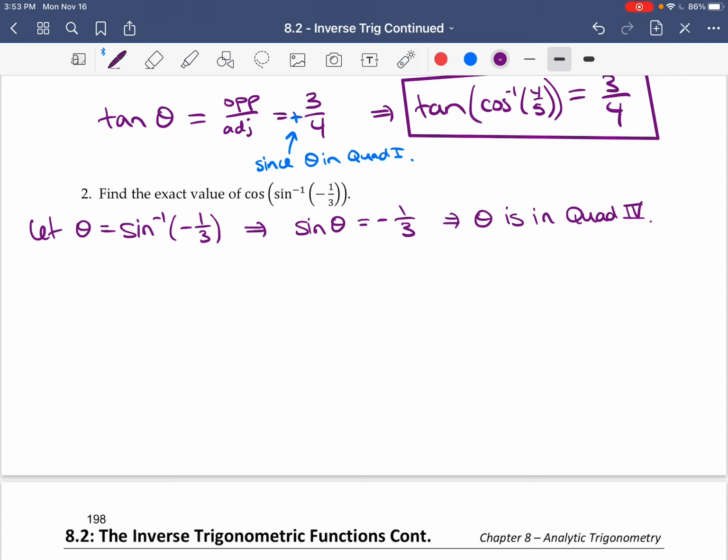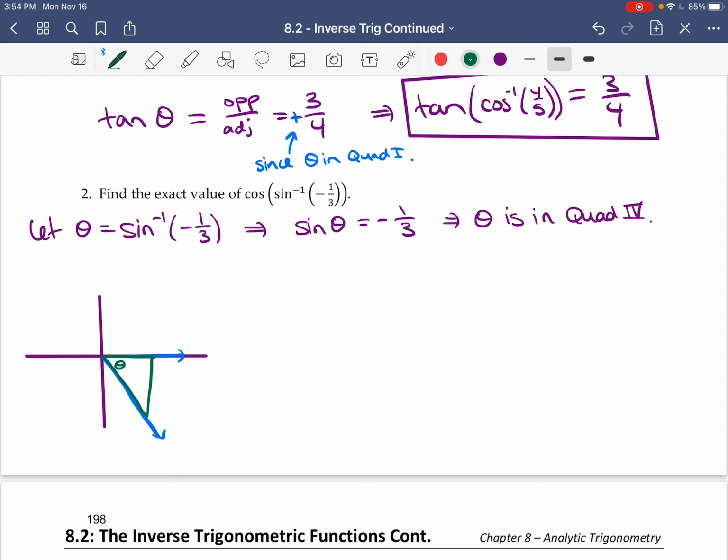So we could place our triangle if you want. The angle is in quadrant 4, so it's going to be down here somewhere. So we could make our triangle like this, where here's theta.